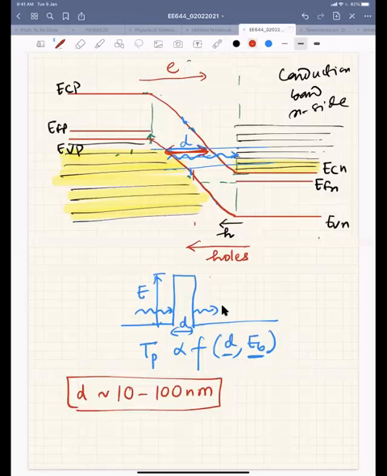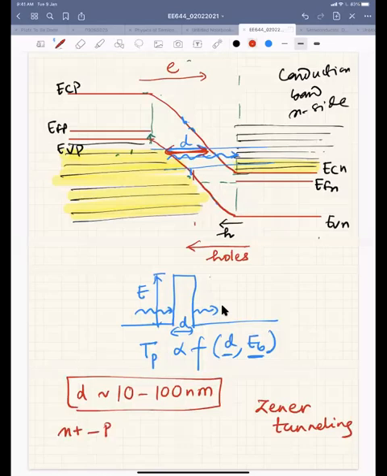This tunneling process was first discovered by Zener, so we call this Zener tunneling. This process only happens because you need a very small barrier thickness, and that only happens when both sides are heavily doped. It also happens in n plus p junctions.